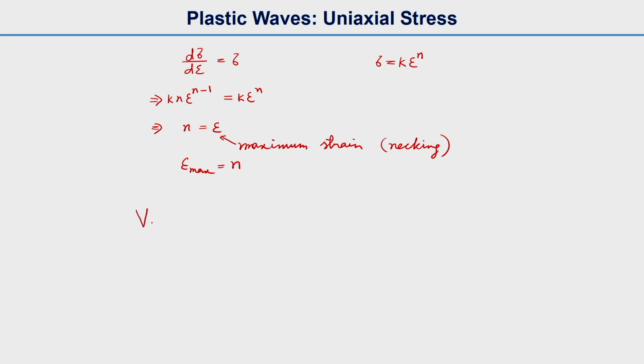So, the final V1 we can write as k to the power half, n to the power (n plus 2) by 2, rho naught to the power half, and then (n plus 1) by 2. This is the expression for V1.